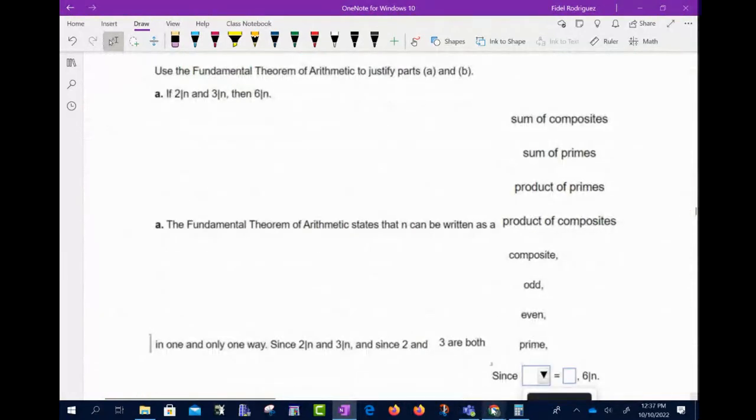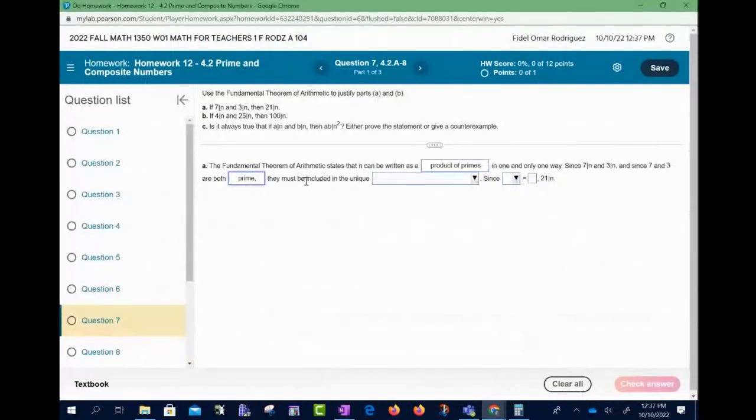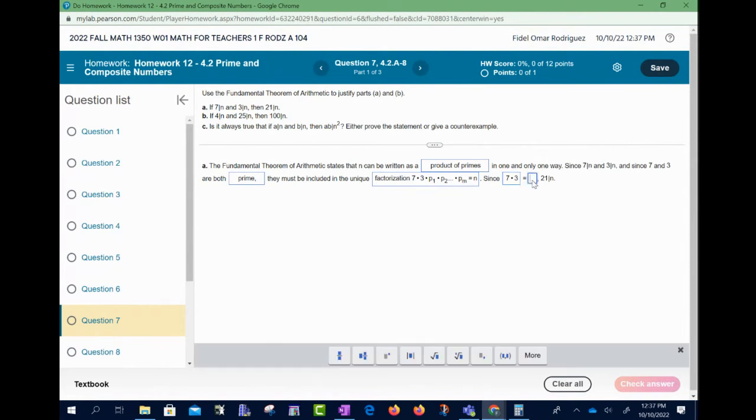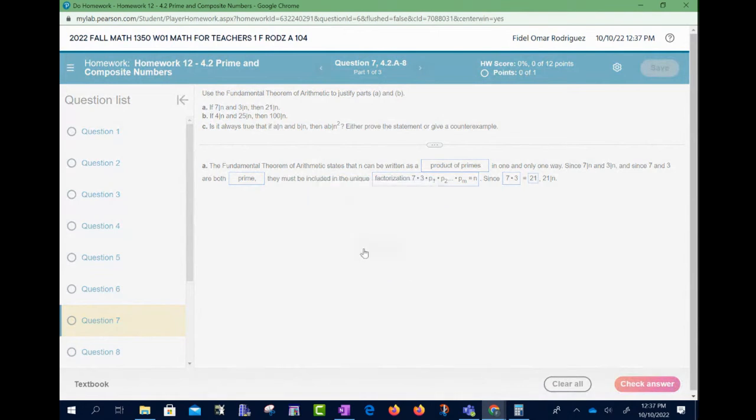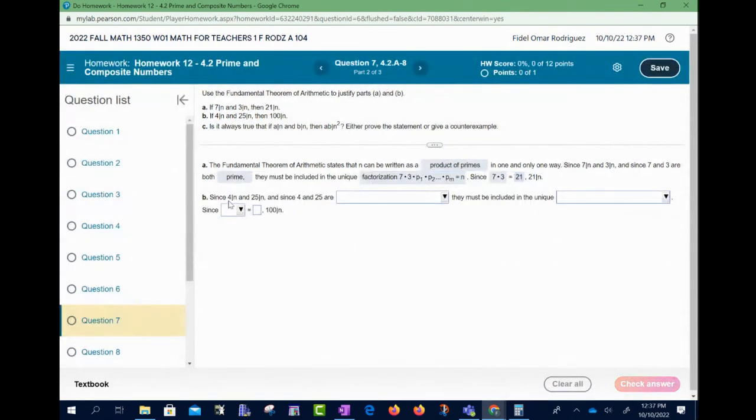So let me just scroll back. Okay, let's come back to the problem. And they must be included in the unique factorization, right? Because we're not adding, we're multiplying numbers here. And then since, are we adding or are we multiplying? We're multiplying, right? 7 times 3, what's 7 times 3 anyway? 21, right? So look, I'm going to check it, and we got it. There's 3 parts to this question though.